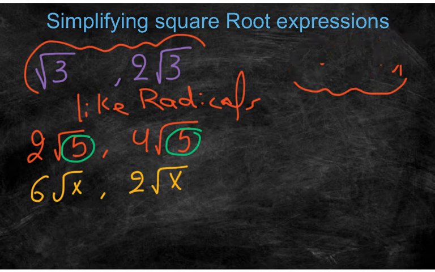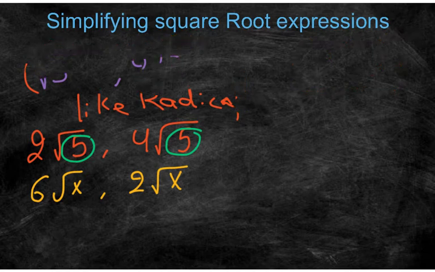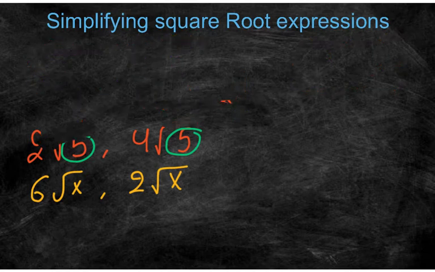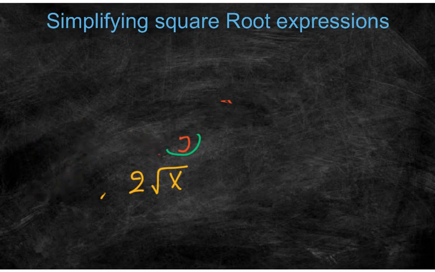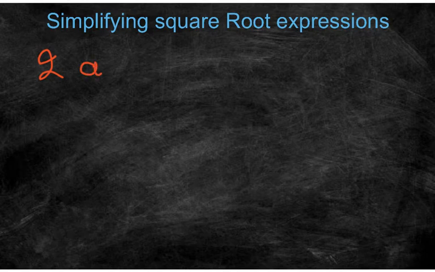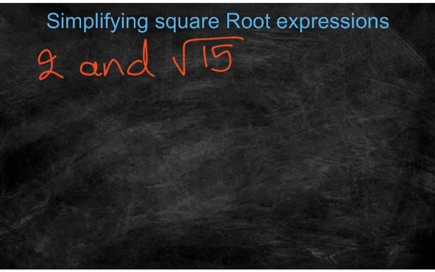Now if we have 2 and square root 15, are they like radicals? 2 is a constant, a natural number, and square root 15. They are unlike radicals.